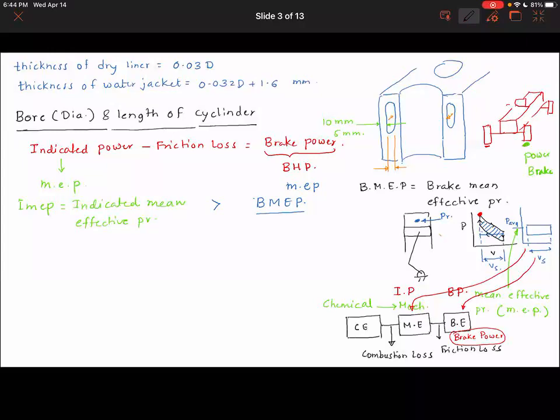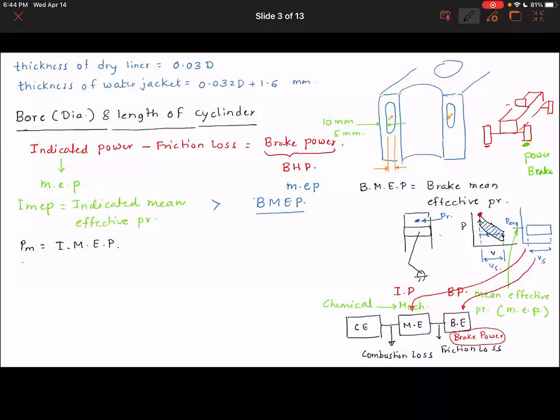So if I say Pm is equal to indicated mean effective pressure, I'm going to call it IMEP. This is the average pressure after combustion, and we want our cylinder to be strong enough to withstand this pressure all the time.